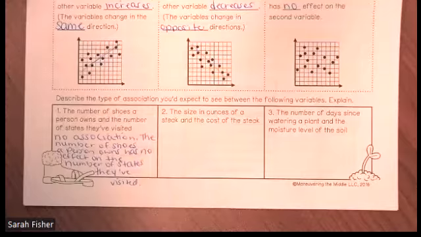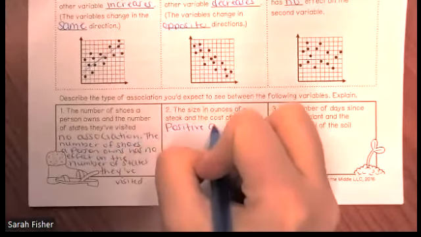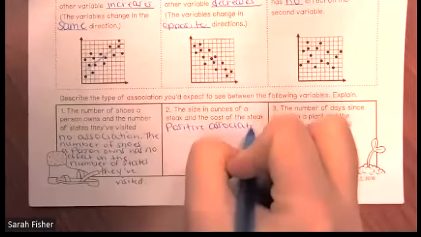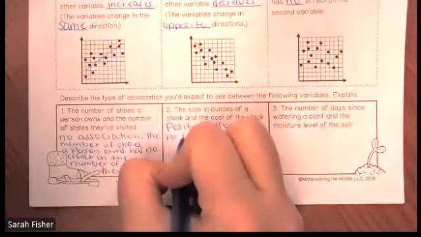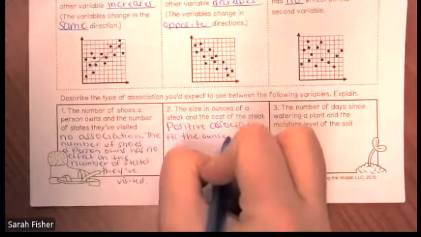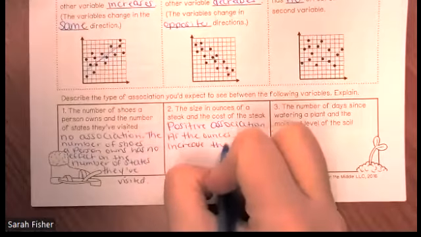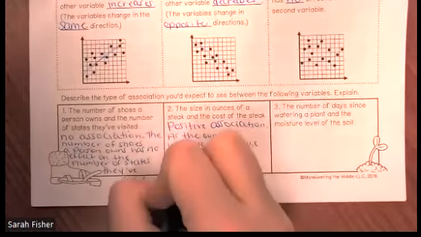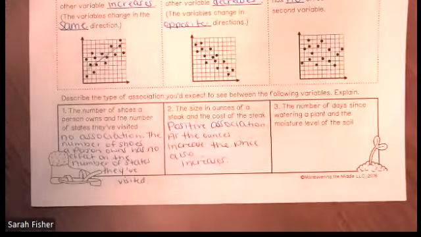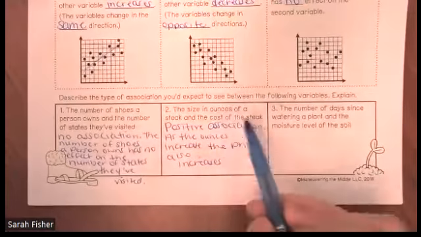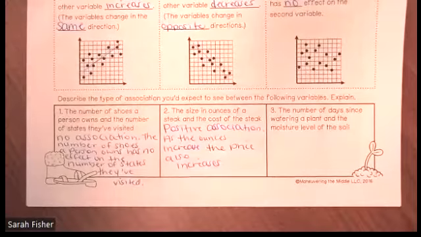Yes, the association we would expect to see here would be positive association, because as the ounces increase, the price also increases. They're moving in the same direction. Ounces increase, price increases, so it has positive association.